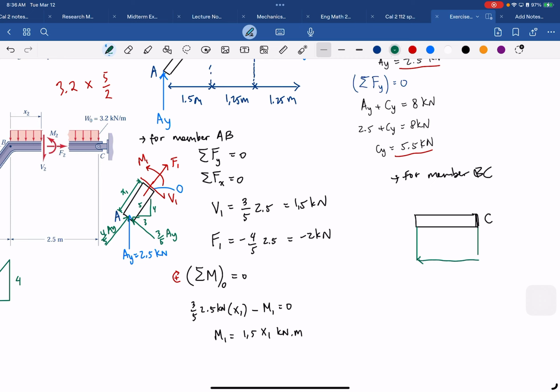So let me write here first. This is going to be 2.5 minus x2 meter.